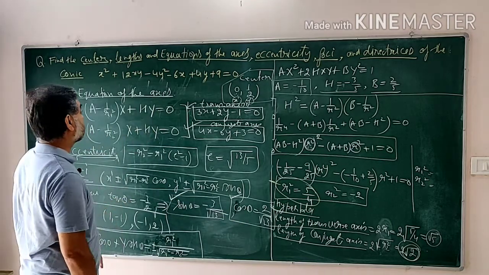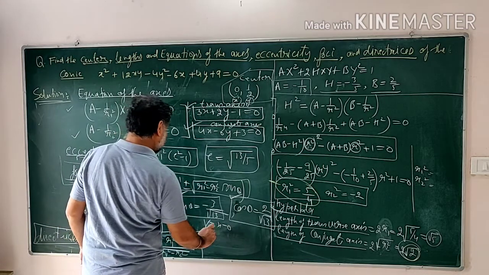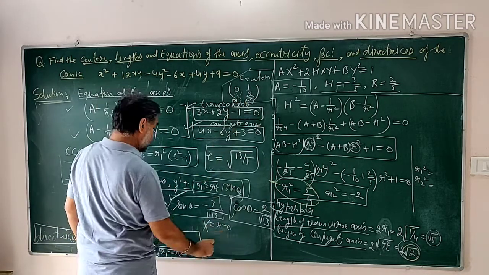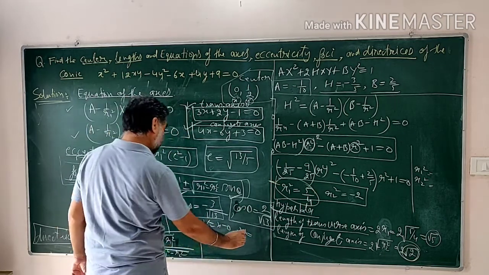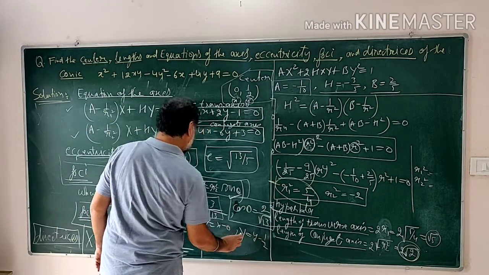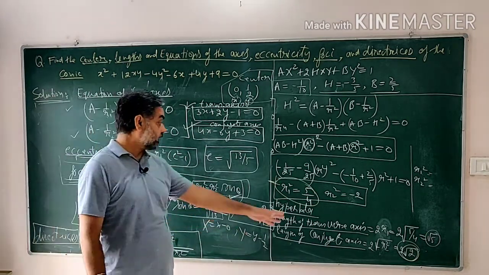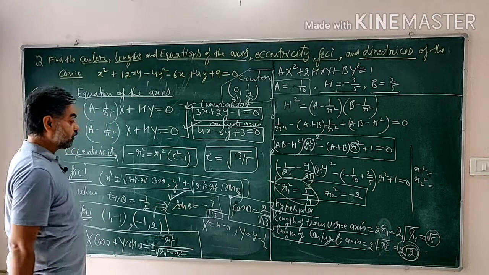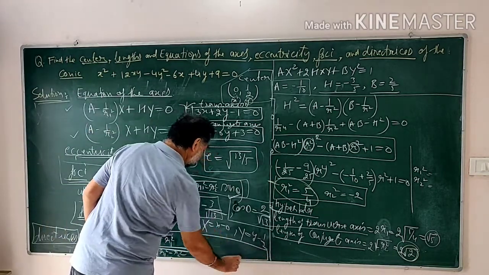Capital X is x minus 0, using the center, and capital Y is equal to y minus 1 by 2. So using these values of capital X and capital Y, sin theta and cos theta, and r1 square and r2 square, you can find the equations of the directrices.